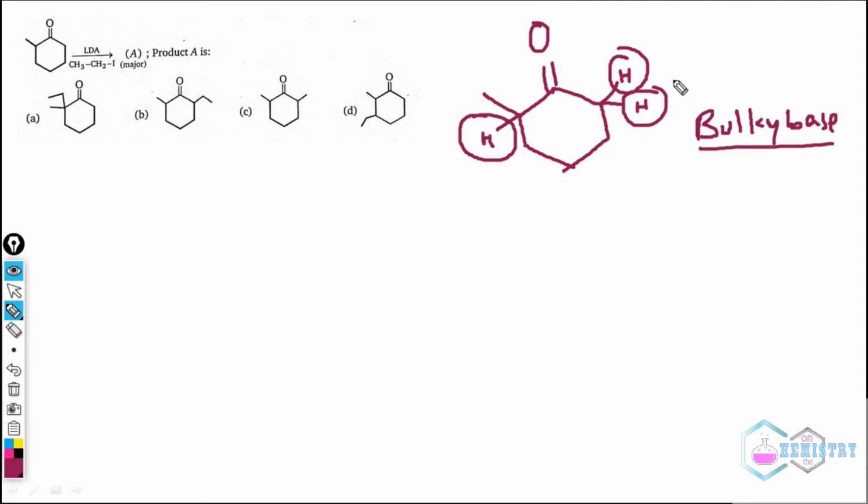So a bulky base will abstract the less sterically hindered hydrogen, but a small base will abstract the most sterically hindered hydrogen. Now LDA is a bulky base, so it will abstract this hydrogen and will form an enolate like this.